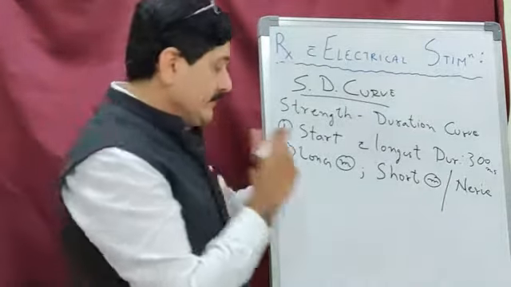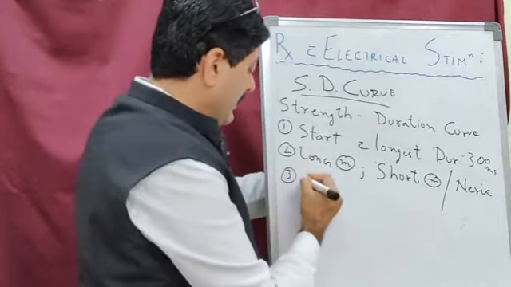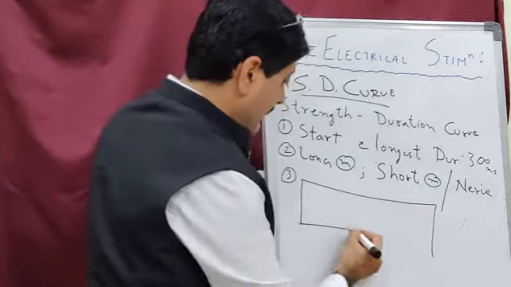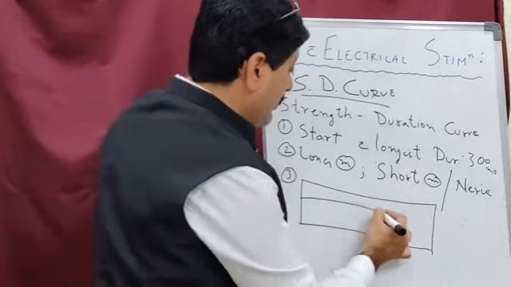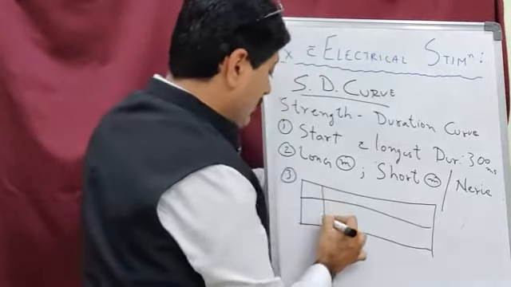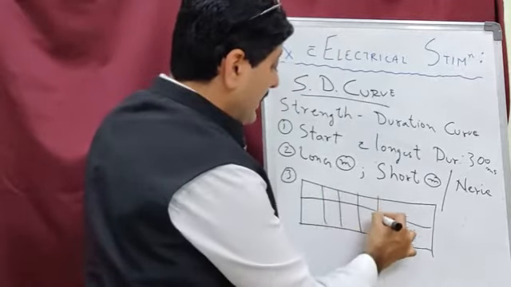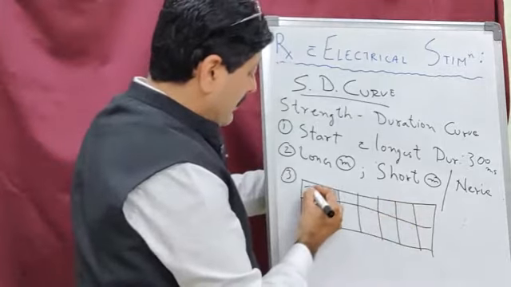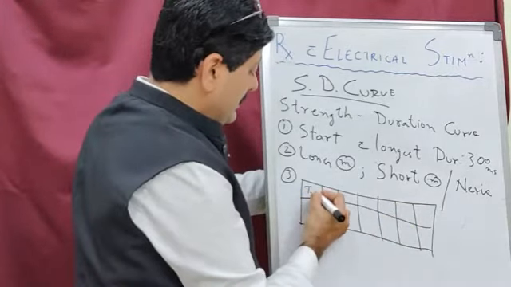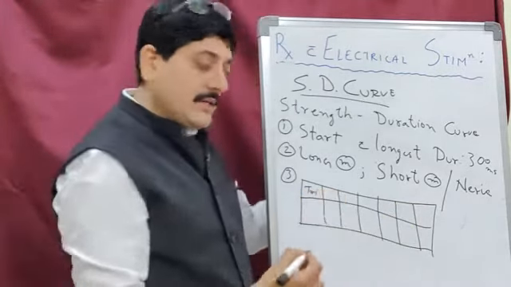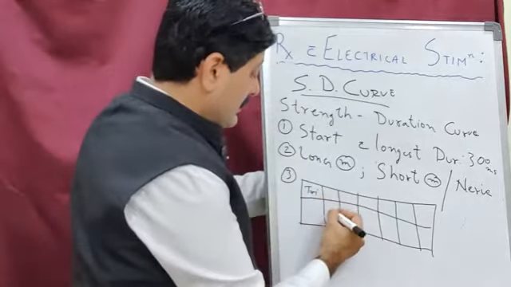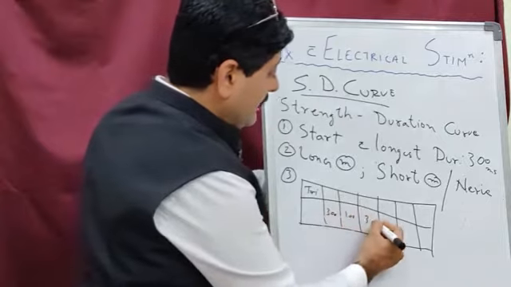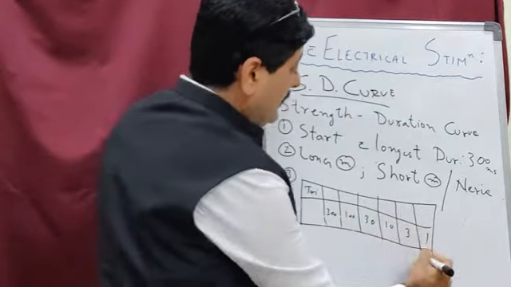The third thing is you have to make a table, right, for measurement. Okay, so what we are going to do over here is we are going to make this table, and we are going to keep muscles. For example, your triceps you are measuring. So this is the duration: 300, 100, 30, 10, 3, 1.